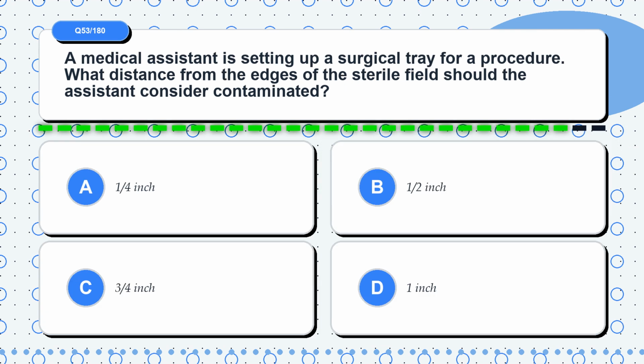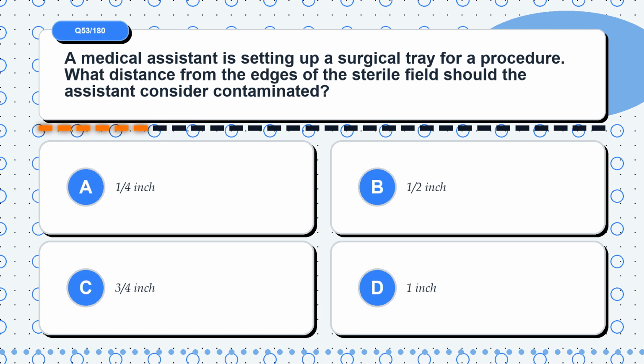Question 53. A medical assistant is setting up a surgical tray for a procedure. What distance from the edges of the sterile field should the assistant consider contaminated? Here are the options. Option A, 1/4 inch. Option B, 1/2 inch.